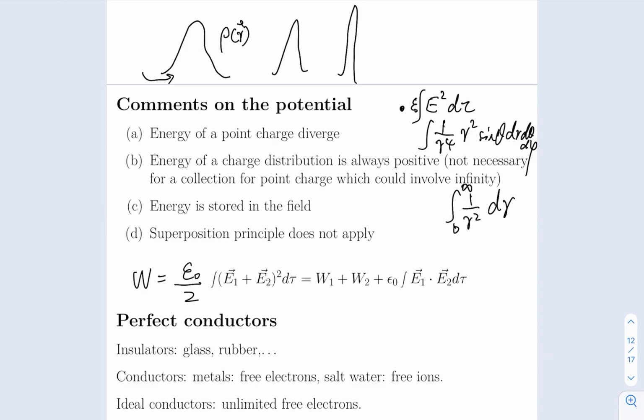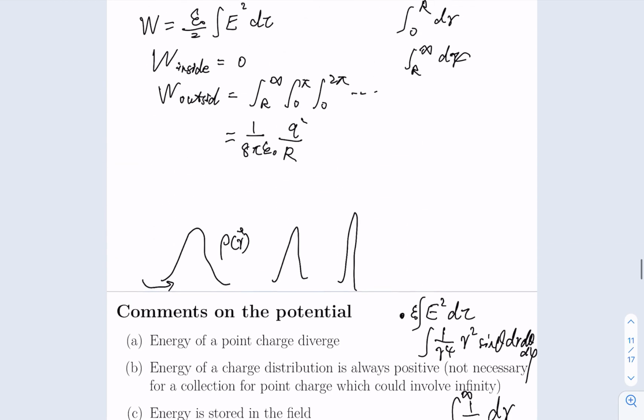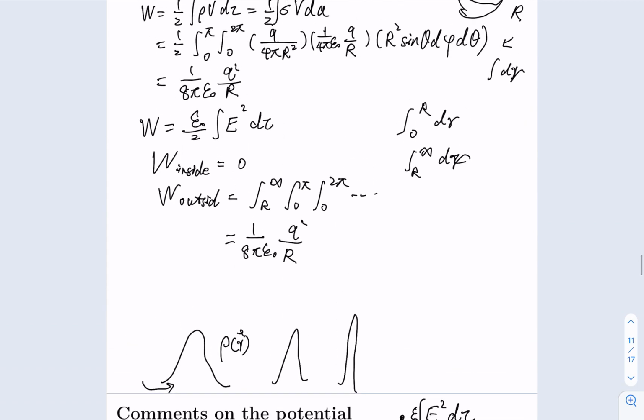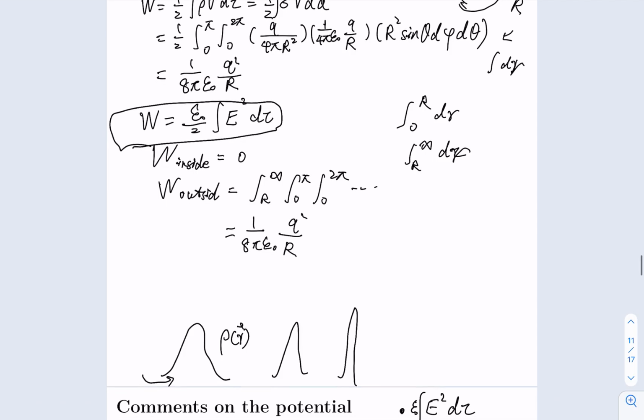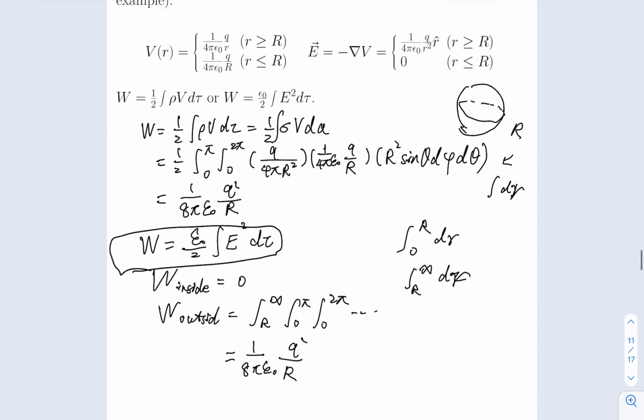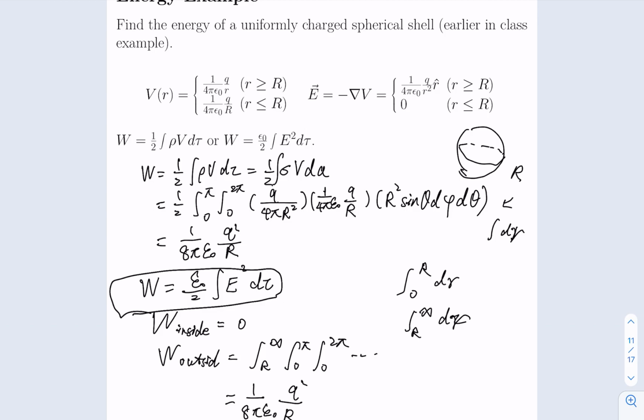Now, the second point that I want to mention is that if you look at the expression for the potential energy stored in the electric field, this expression is E squared, which means E squared is a positive number, and integrating over all space again gives us a positive number, right? However, if you look at the expression over here, it says that the charge is all.